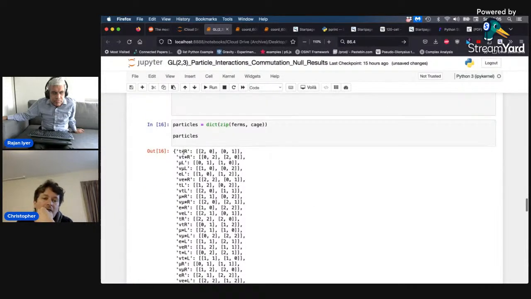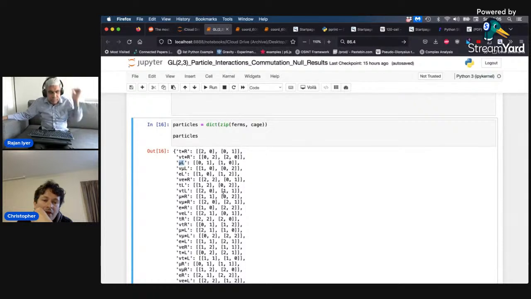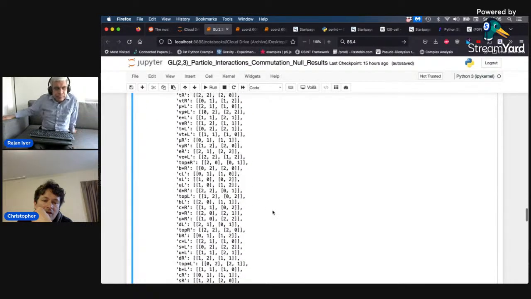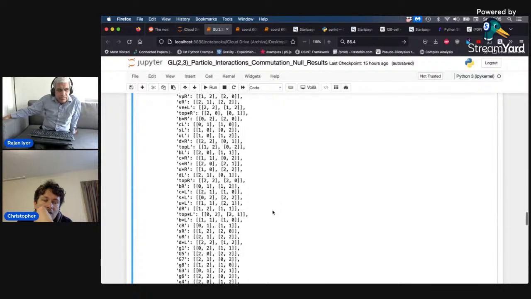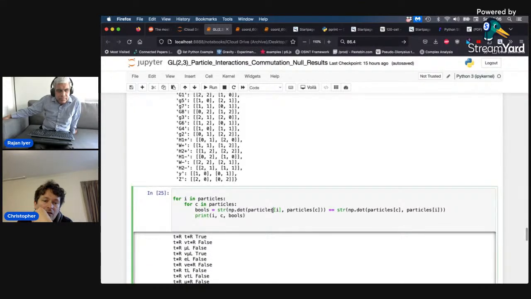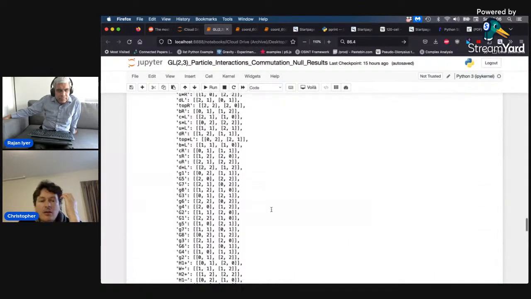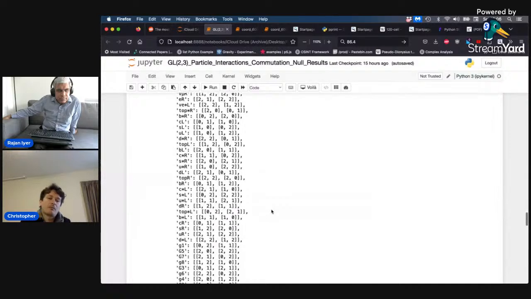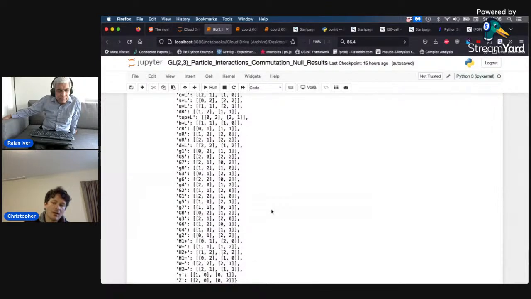So now we have, let's say, the right-handed anti-tau, and the right-handed anti-tau neutrino, and the left-handed muon, and these are the associated matrices with those particles.